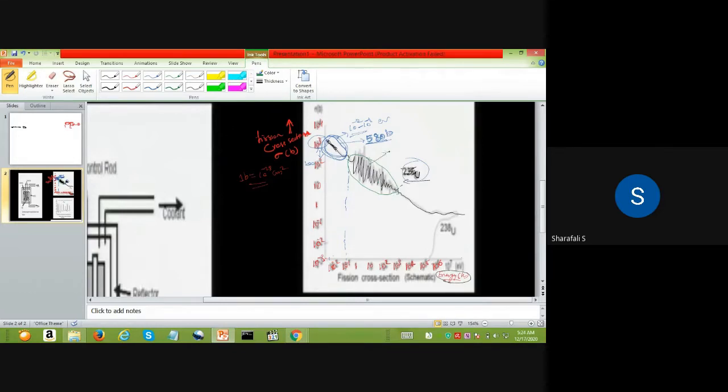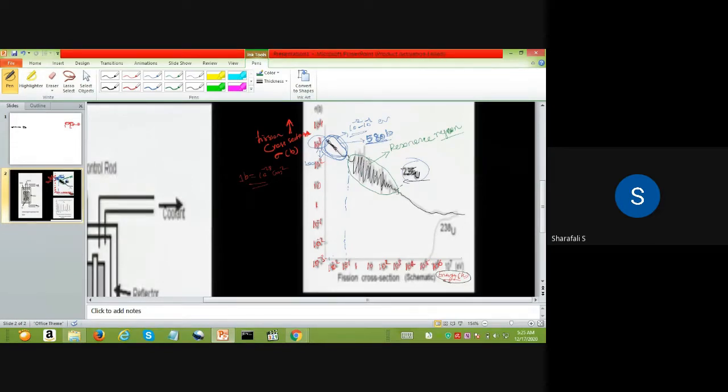So this region we call the resonance region, where you have this up and down. It is not a very smooth curve, not a continuously decreasing curve, but on average we can say that it is decreasing.